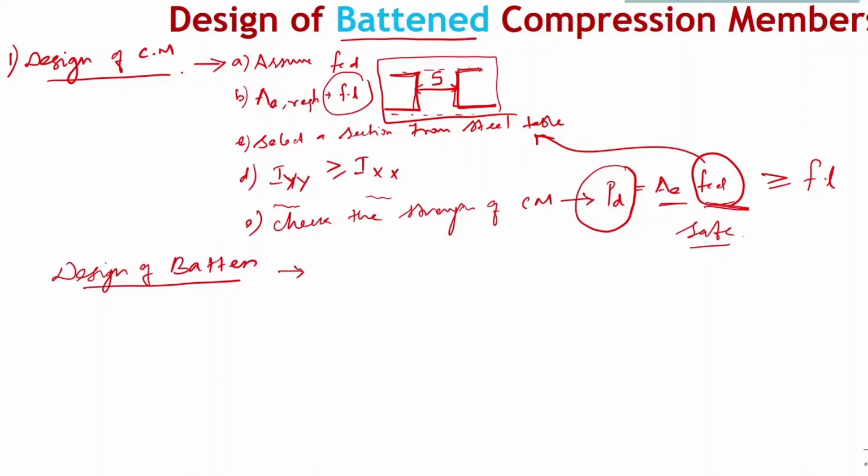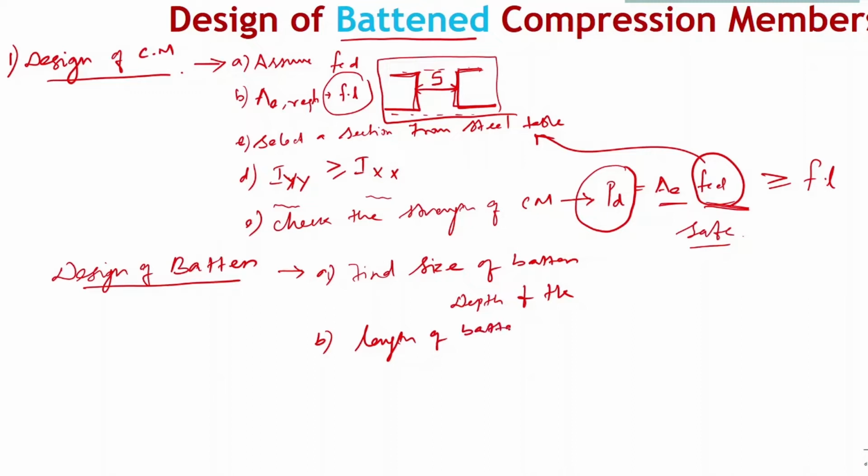So how do we do it? First, we'll find the size of batten. Here size means the depth and the thickness. Once you know the depth and thickness, next we'll calculate the length of batten. Once you know the length, next we'll calculate the spacing of batten, that is, at what spacing we need to provide the batten.